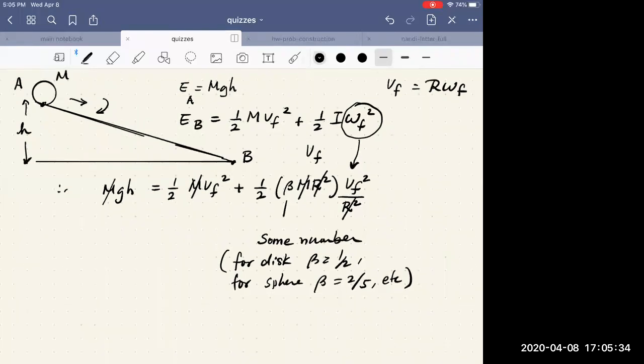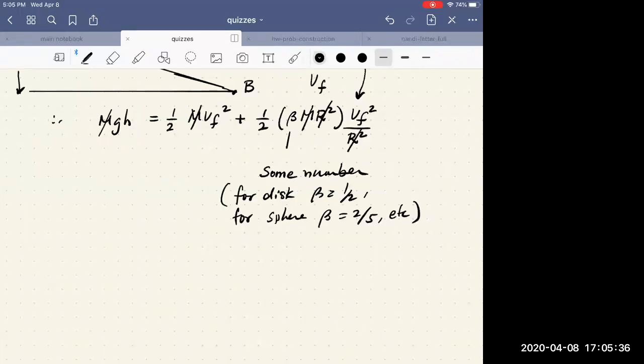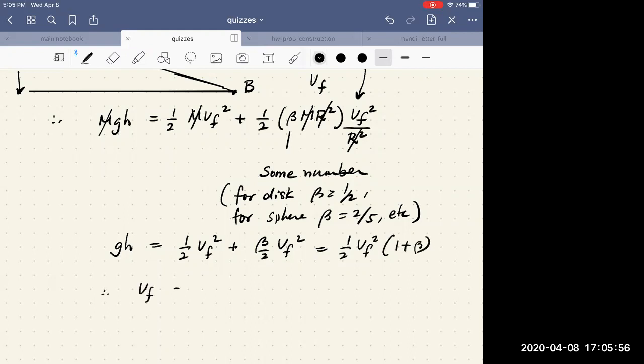And so I'm able to write gh is equal to 1/2 V final squared plus beta over 2 V final squared, which would basically be 1/2 V final squared times 1 plus beta. So therefore now V final is going to be 2gh over 1 plus beta, to the power of 1/2.